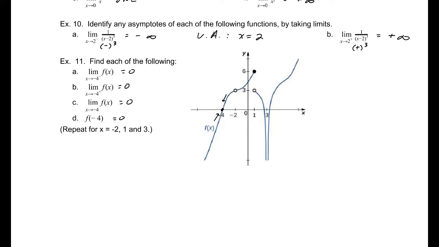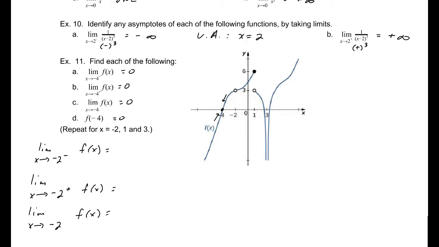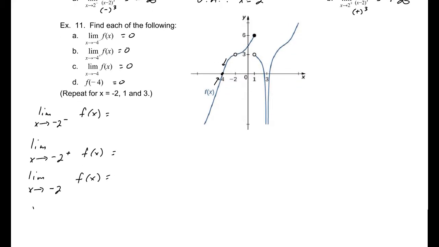All right. Well, let's find the limit as x approaches negative 2 from the left of f of x, the limit as x approaches negative 2 from the right of f of x, the limit as x approaches negative 2 overall of f of x, and f of negative 2. We want to find all those.